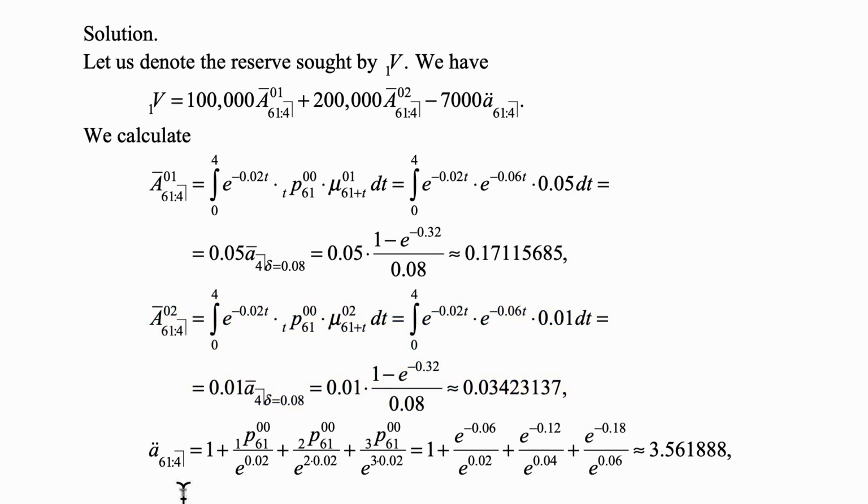And then what is a-double-dot 61 angle 4? Well, it's 1 plus the probability of survival, discounted at 2%, the same for 2 years and for 3 years, and time 3 is the beginning of the 4th year. So this becomes 1 plus e to the minus 0.06 over e to the 0.02, discounting at 2%.